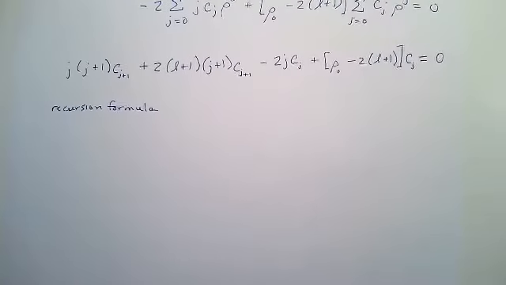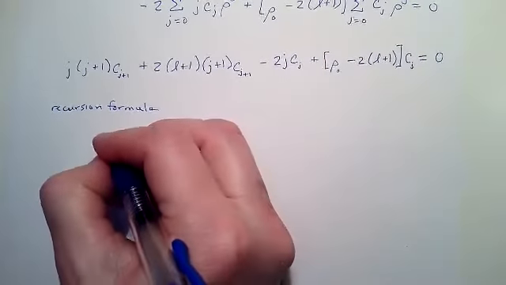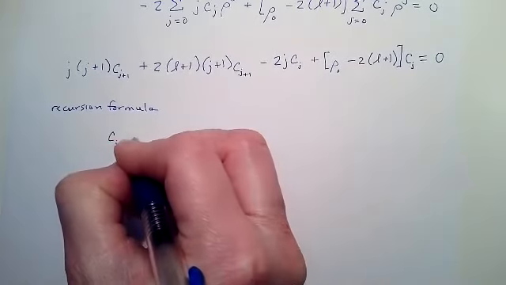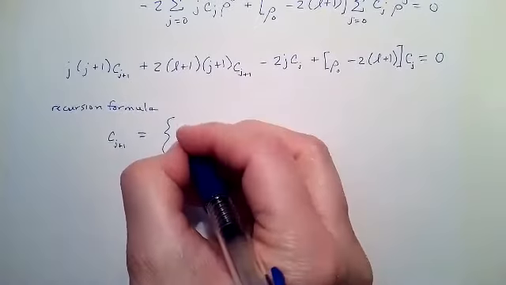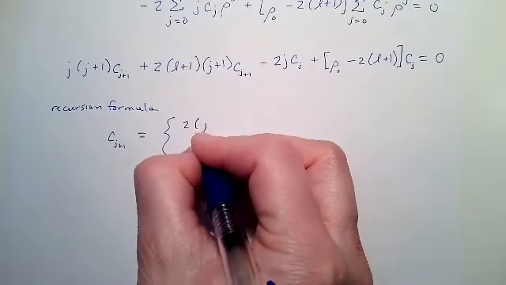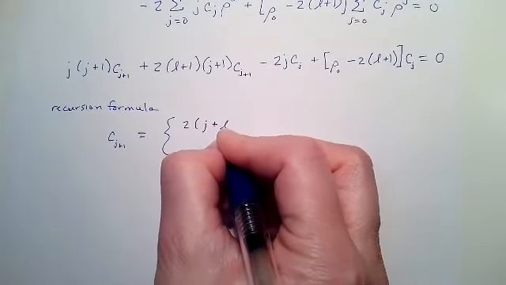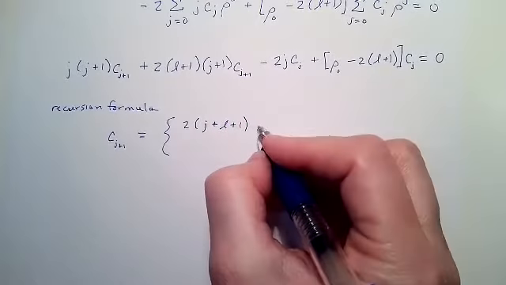So we should be nice and happy with our recursion formula. This should look kind of familiar. That's going to give us that this coefficient c sub j plus 1 can be had from doing this kind of math.